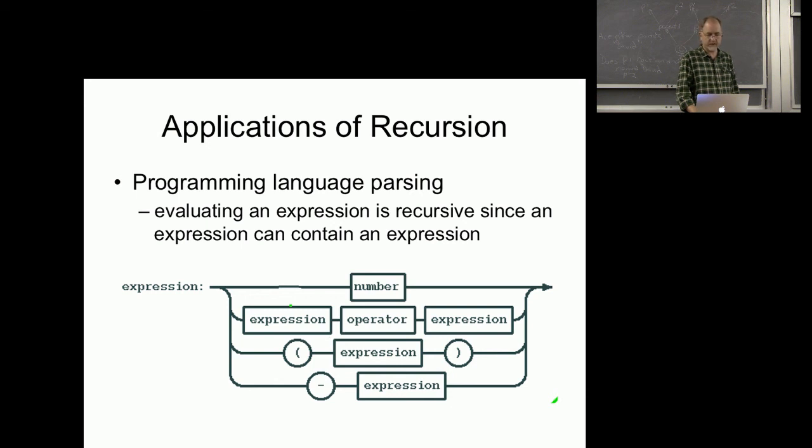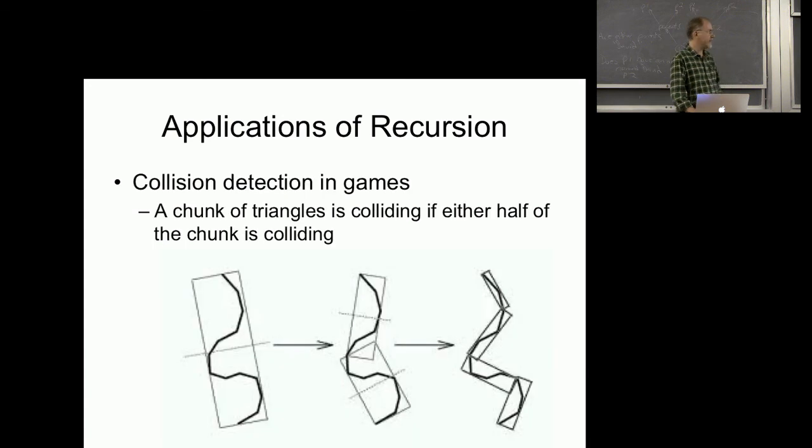In games, collision detection often happens recursively. If I want to say whether this thing is colliding with some other model, I don't want to check every triangle, but ask whether the top half is colliding with it or the bottom half. And if they are, we can break it down into smaller and smaller pieces until we finally get to some little part that may be colliding.